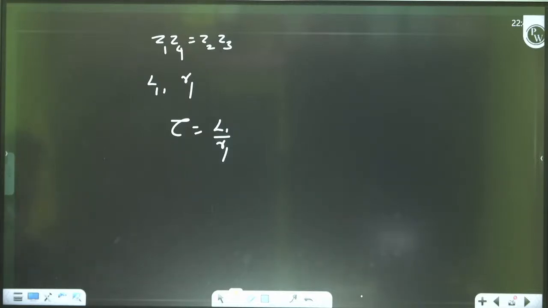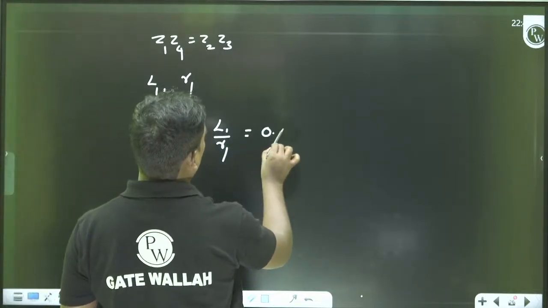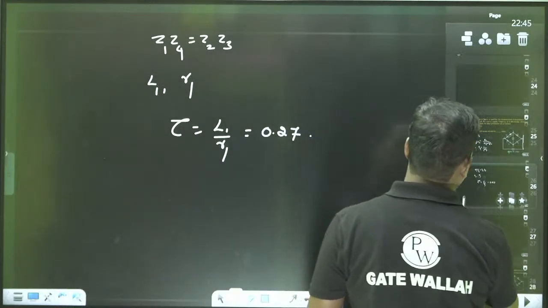The time constant comes as 0.27. Please find out. Chalo, let us go for the next question.